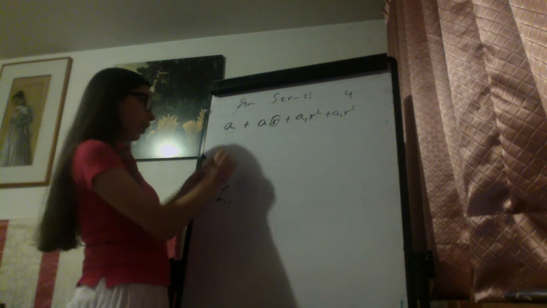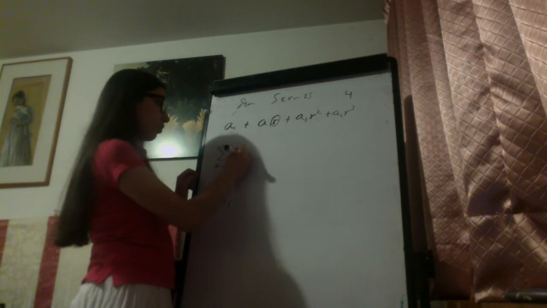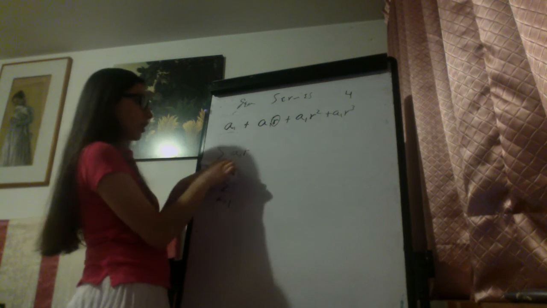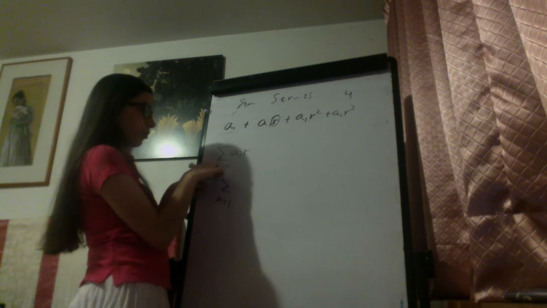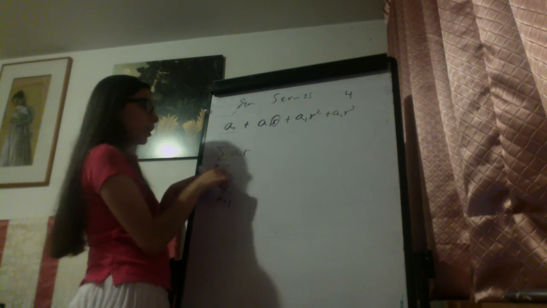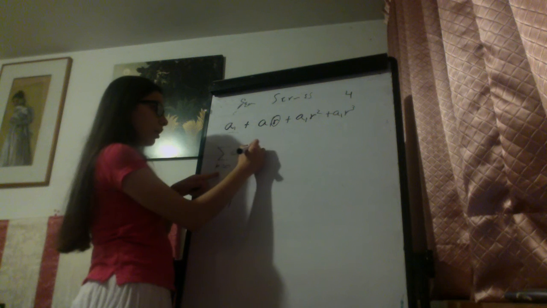It would be a sub 1 times r, that is, we can increase the number of k, and so a sub 1 r to the k.